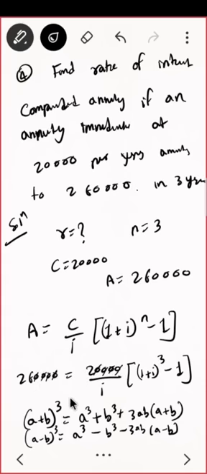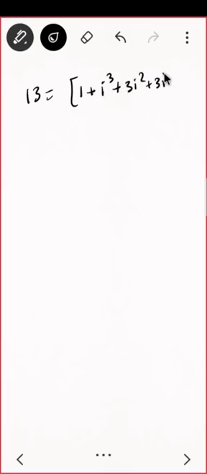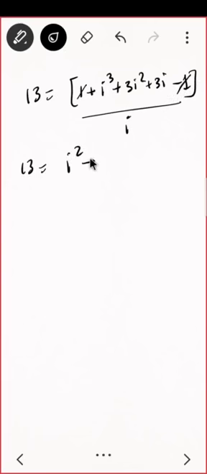Yeah, so you apply that and then इसको उधर भेजा तो कितना आएगा. 26 upon 2, so it will be 13. So 13 equal to 1 plus I cube, which is 1 plus 3I plus 3I square plus I cube minus 1, upon I. So 1 minus 1 गया, I से कटा, so 13 equal to I square plus 3I plus 3. Correct. So 3 minus 13 is minus 10, that is equal to 0.